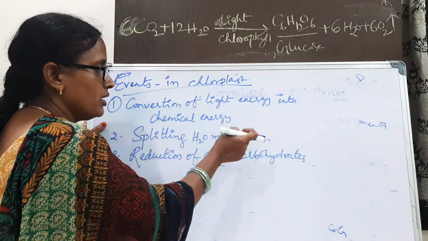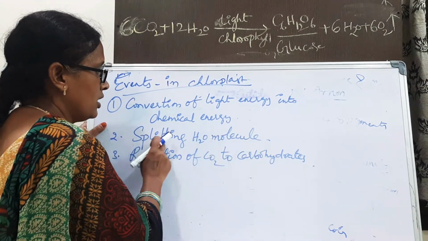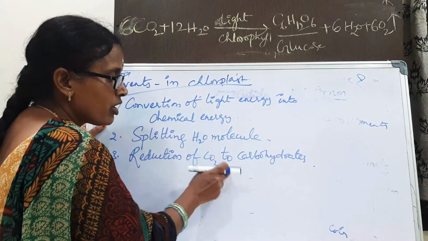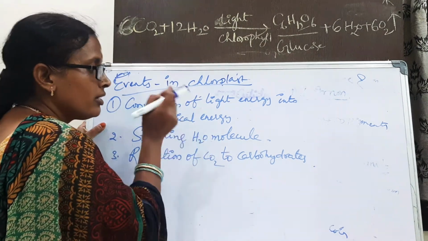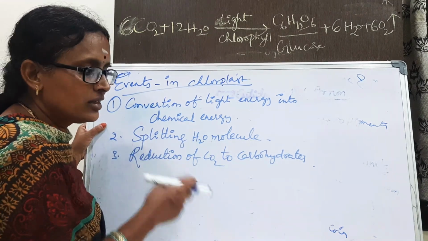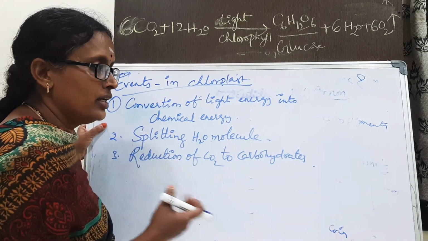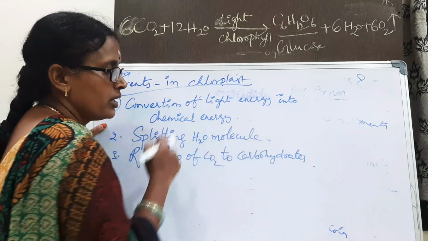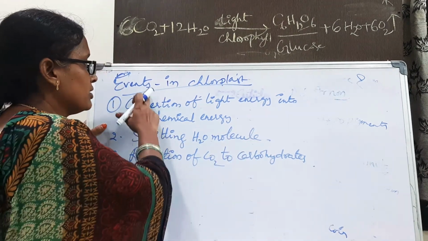This is known as the Hill reaction, which we will learn later. Then, reduction of carbon dioxide: the carbon dioxide entering through the stomata for photosynthesis is reduced, and finally carbohydrates are formed. These are the three events.